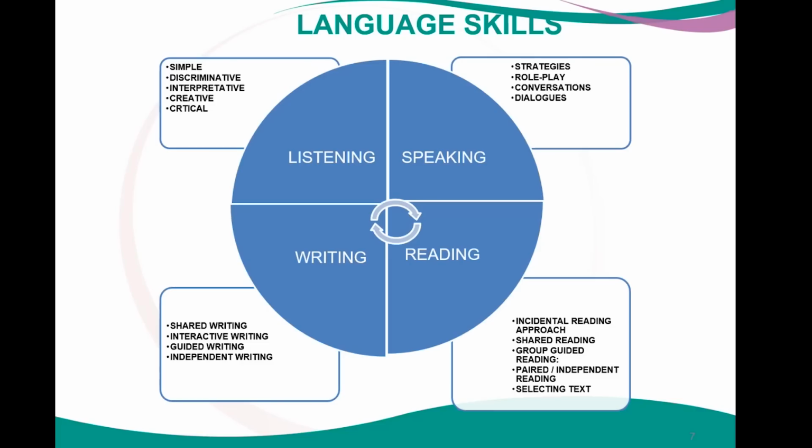You need to understand when can I start with incidental reading. It's when you have that classroom with pictures and whatever, they will be able to go through incidental reading. Shared writing, interactive writing, guided writing, and independent writing. That's where now they can write on their own. But you are there to guide them.